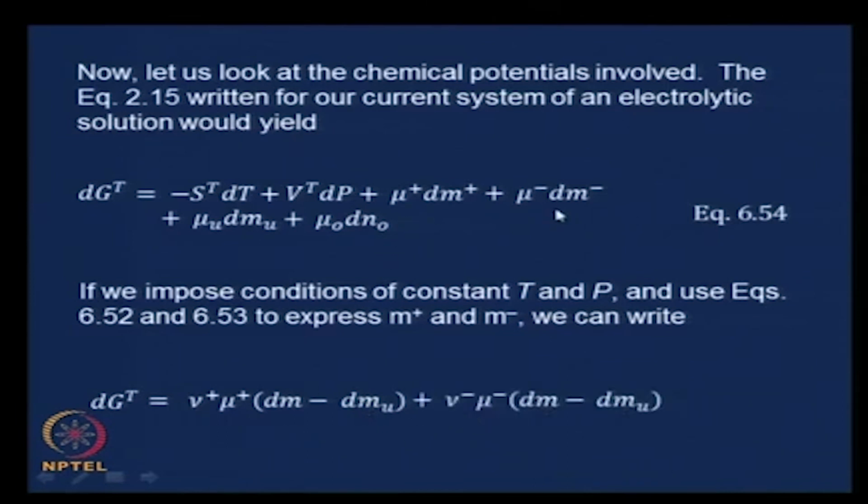Similarly, you have a nu minus here, and dn minus is nu minus into dn minus d mu, plus of course mu u d mu, plus mu 0 dn0, the number of moles of the solvent.